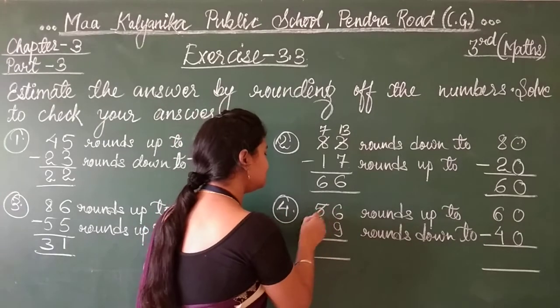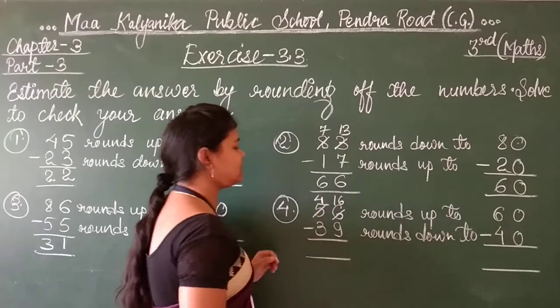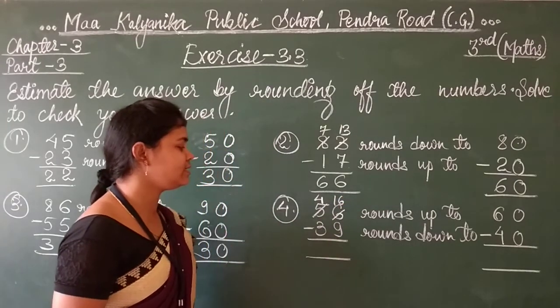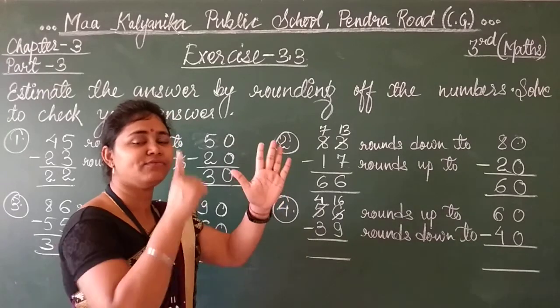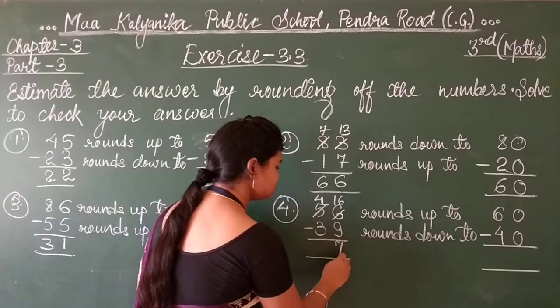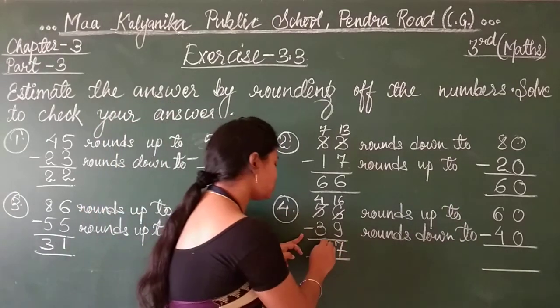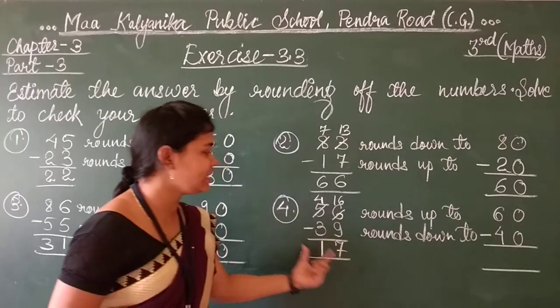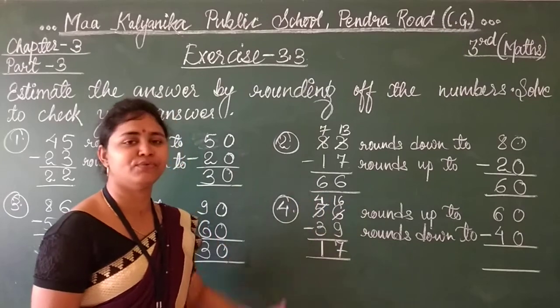No, not at all. So now 5 will become 4 and this will become 16. Now 16 minus 9. 9, 10, 11, 12, 13, 14, 15, 16. How much? 7. Now 4 minus 3 is 1. So 17 we have received after subtracting 39 from 56.